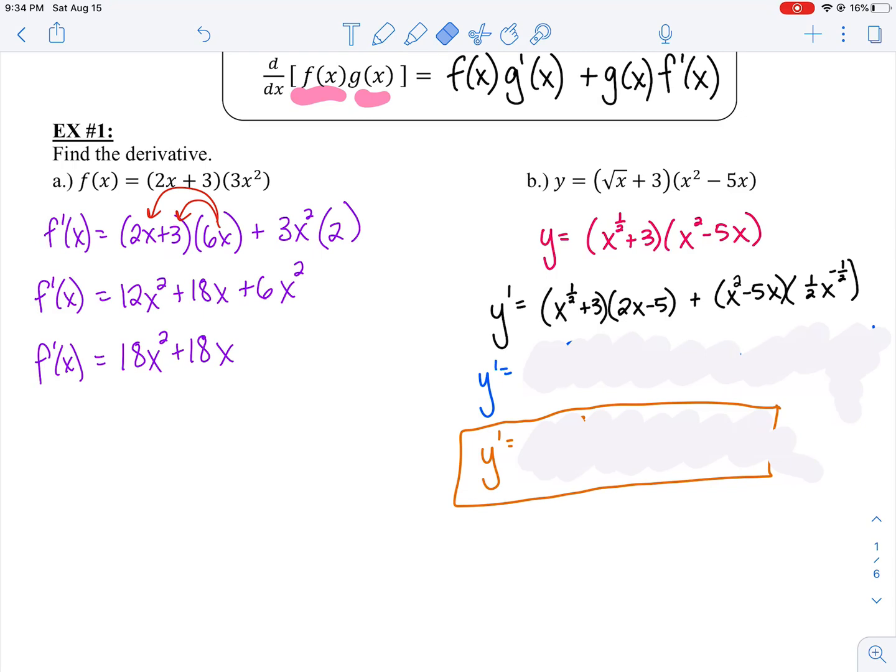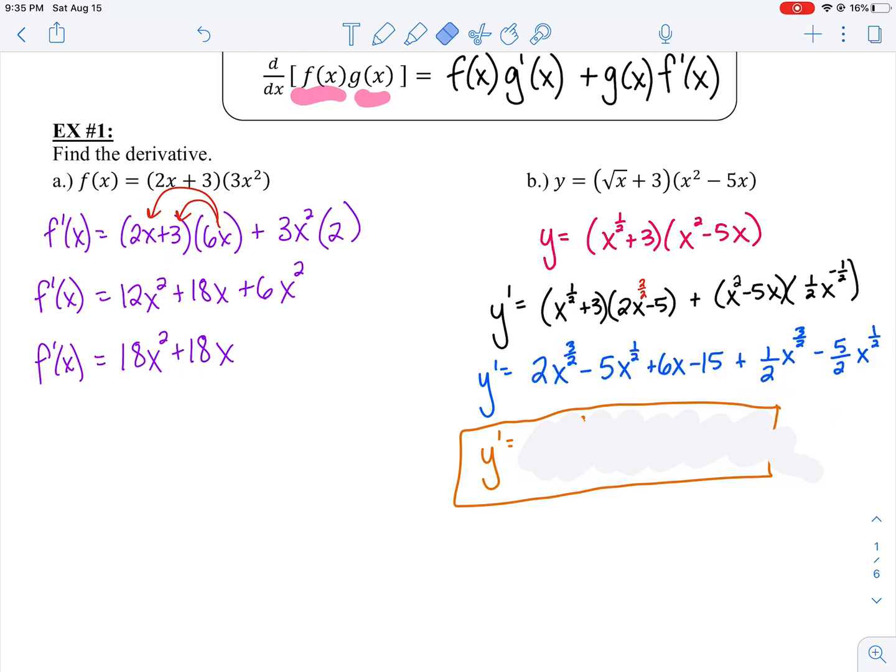Now, I still do have to do a little bit of FOILing and distributing here. Are you ready? So we have an x to the 1/2 times 2x and an x to the 1/2 times 5. Remember that when we're multiplying, what do we do with the exponents? We really add them together, right? So my exponent on my 2x is a 1, but if I'm going to add it to a 1/2, I need it to be a common denominator. So can I really call it 2/2?